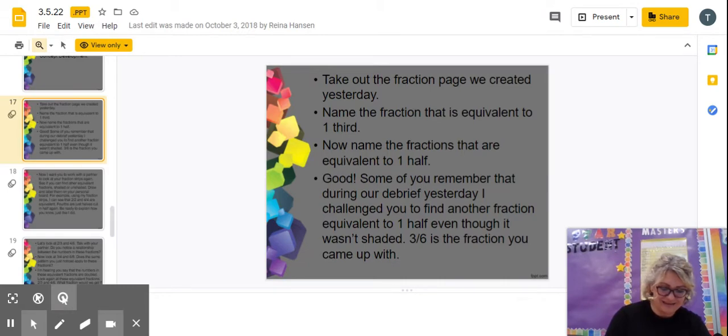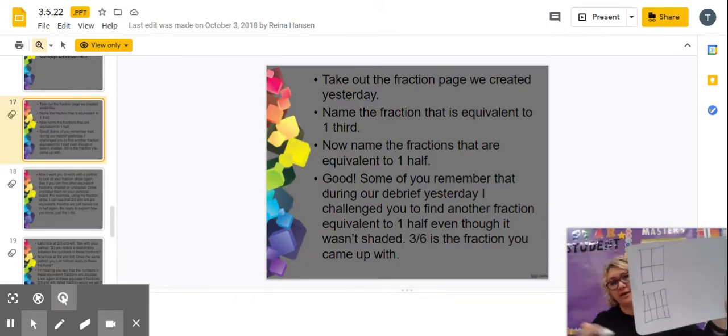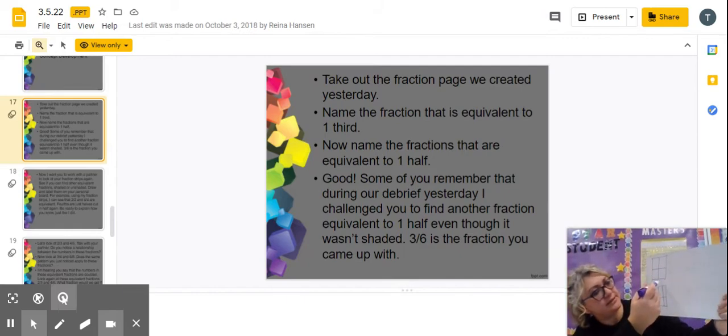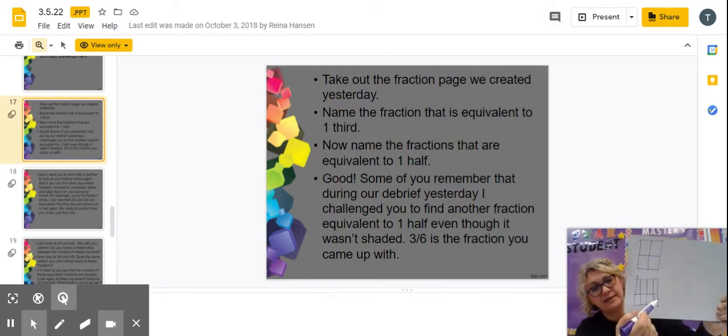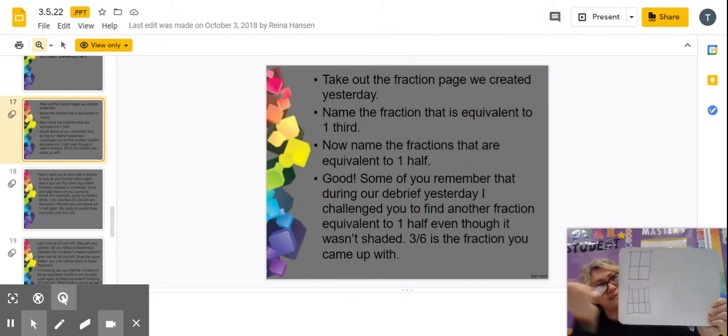Okay, I got this. So if you look up here, I have 2/4, and down here I have 1 box that's cut into 4s, and then underneath it, I have another box that's cut into 8s, because 8 is twice as big as 4.